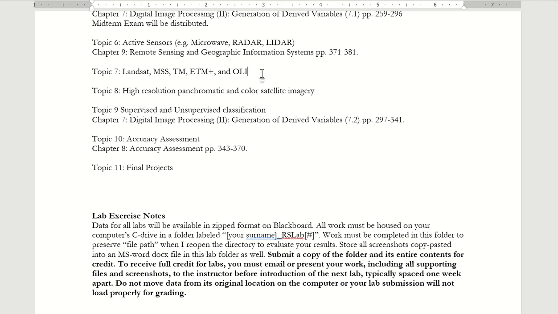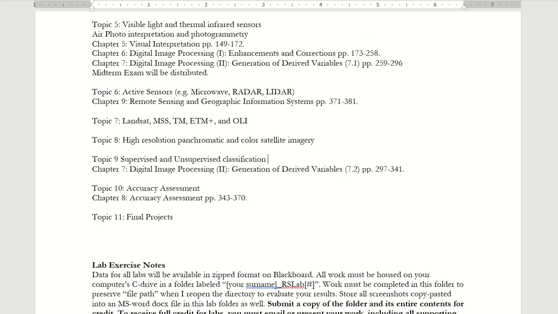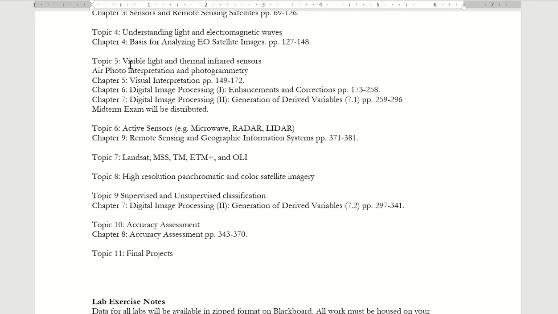That's going to be a standalone topic, as will high-resolution panchromatic and color satellite imagery. Some of those sources are more recent and from commercial providers. So we'd be able to draw on techniques we learn in topic 5 and apply them to real data products as they exist.